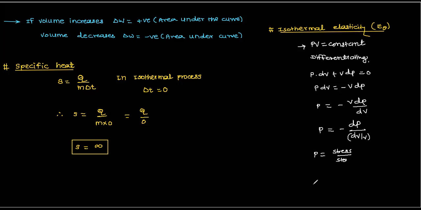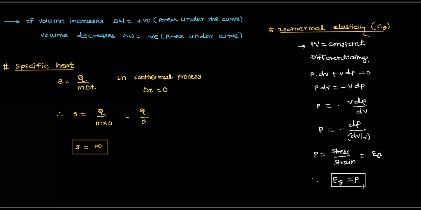Stress means force per unit area, and strain means change in length by original length. So here I am getting stress by strain, and that is equal to E theta, and therefore E theta is equal to P in this process.